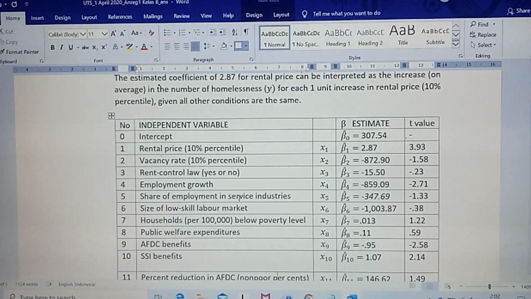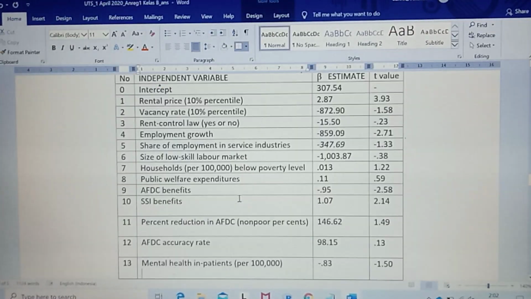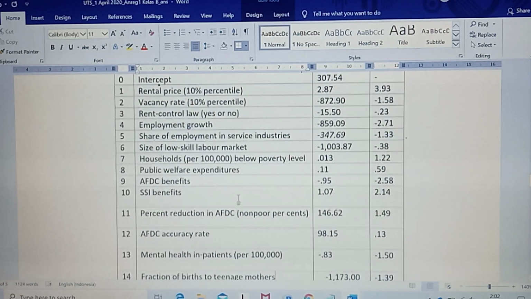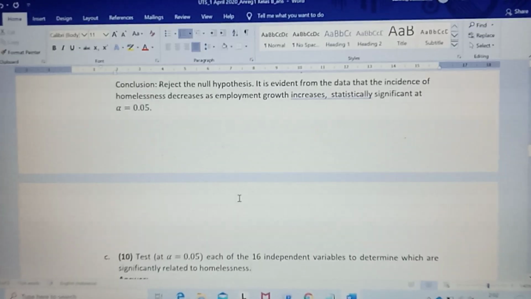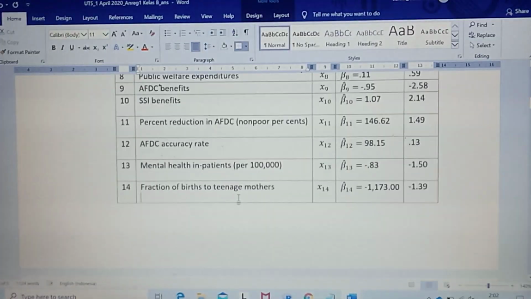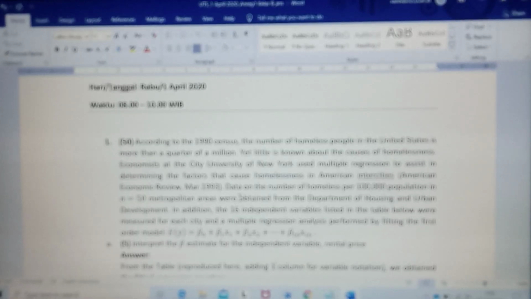What are those 16 variables? Those are the ones given in this table. Because of that idea, we try to fit the multiple linear regression model.